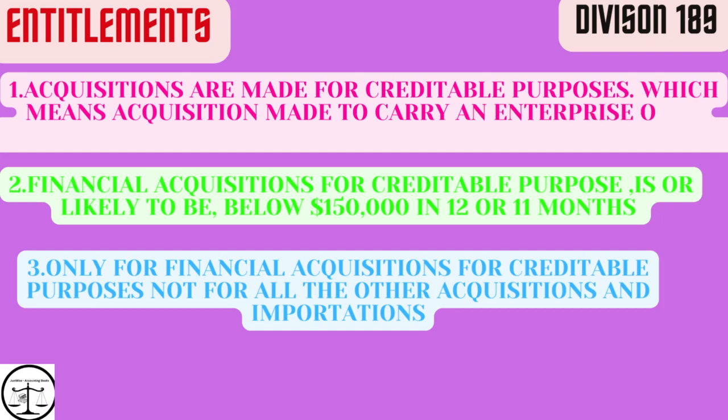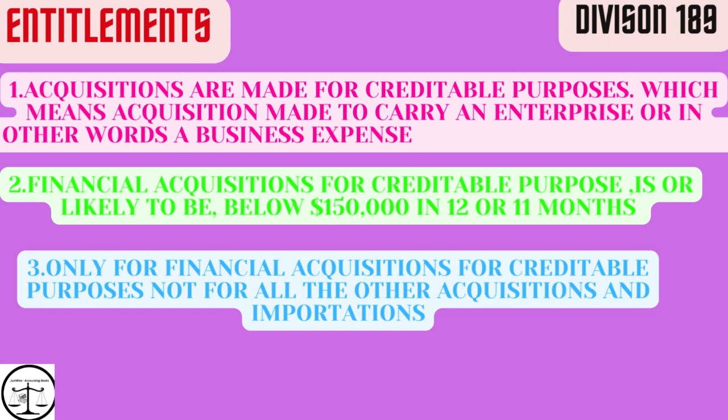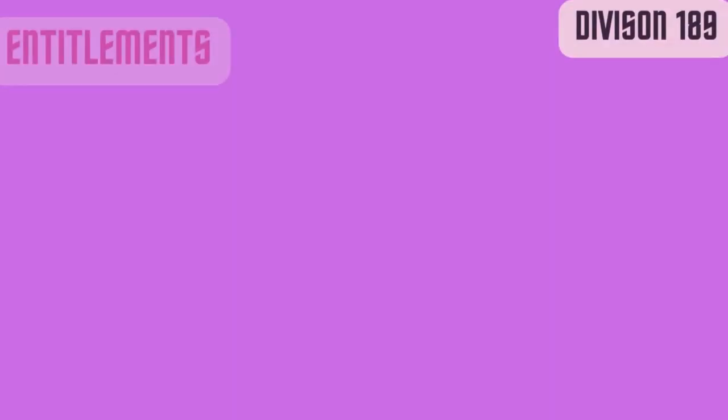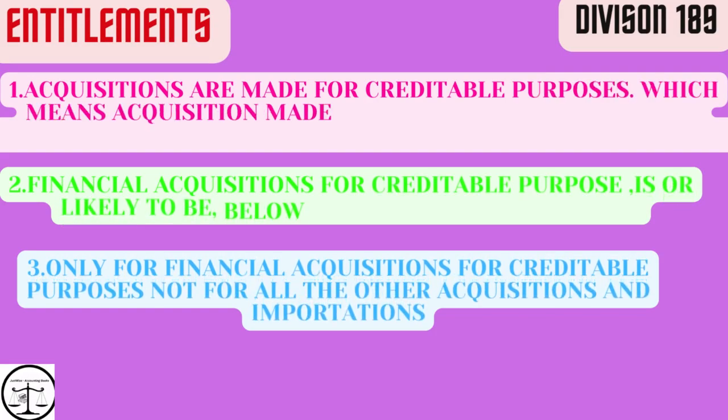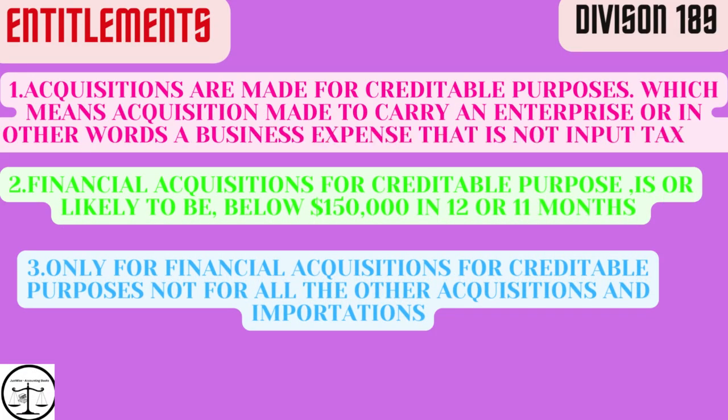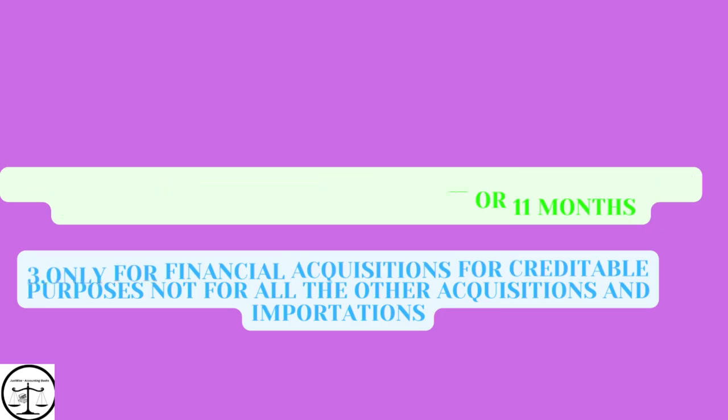If your financial acquisitions for creditable purpose is or likely to be below $150,000 in 12 or 11 months depending on if it is a current or future acquisition. Friends, just remember that this entitlement of input tax credits is only for financial acquisitions for creditable purposes, not for all the other acquisitions and importations.